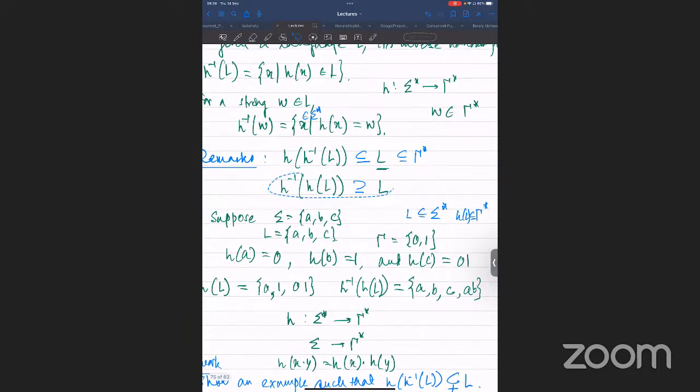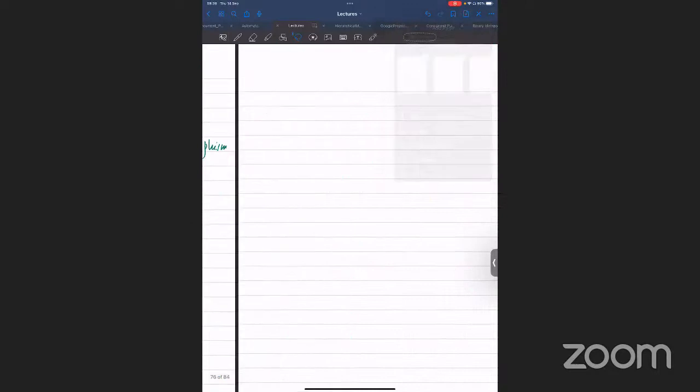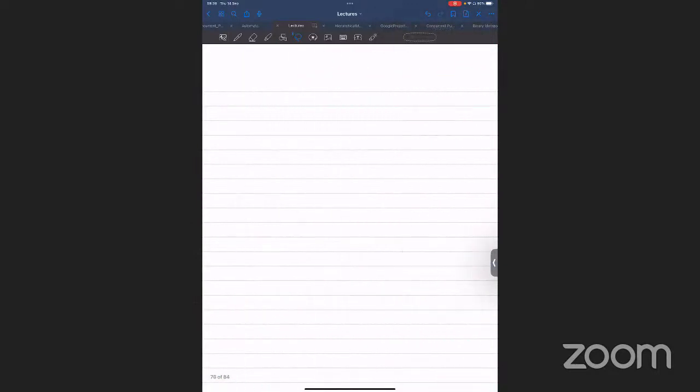So we are trying to show this. No, this we showed. We are trying to. Yeah, tell me. And H, how is H? H is from sigma star to gamma star, right?